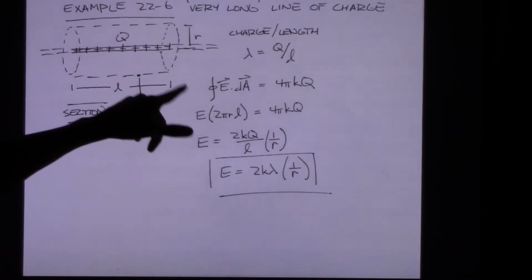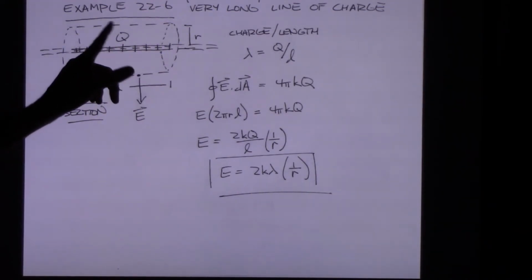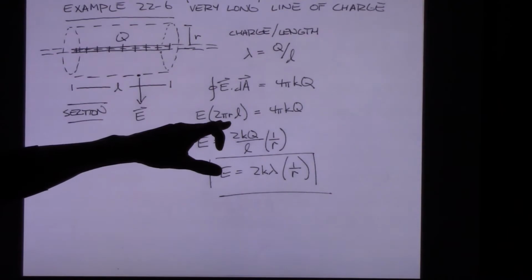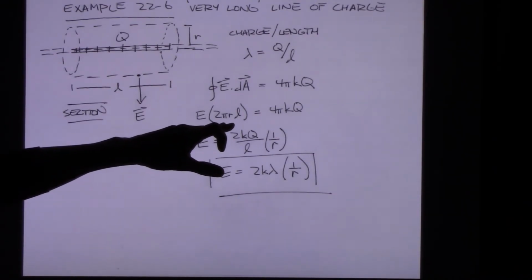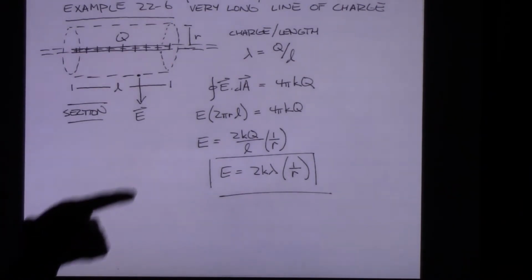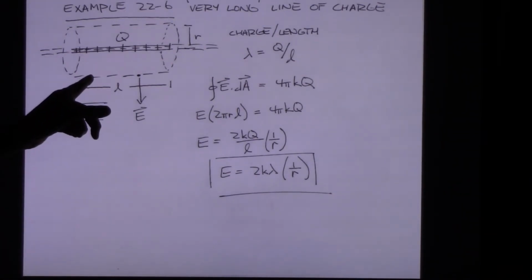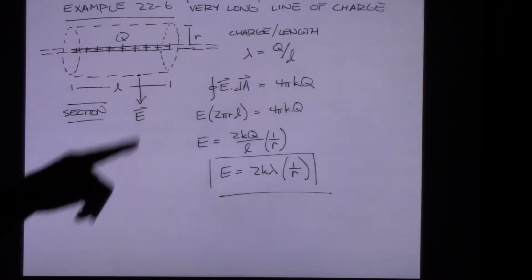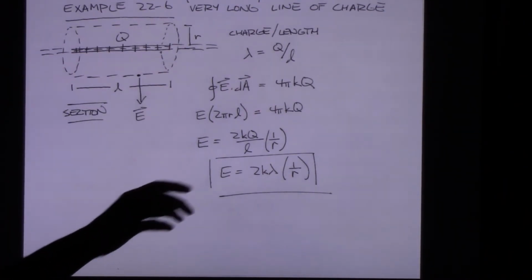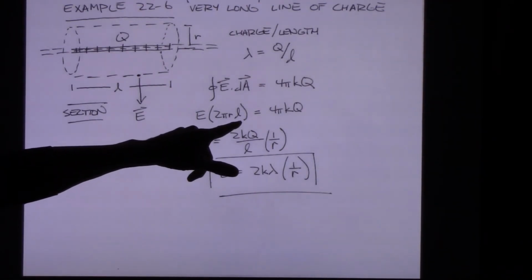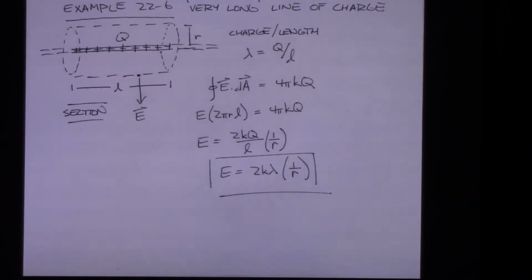So I can actually ignore the end circles because there's no flux. The flux passes through only the curved portion, and that surface area would be the length L times the circumference. The circumference here is 2 pi r, times L. That's going to give me the area.